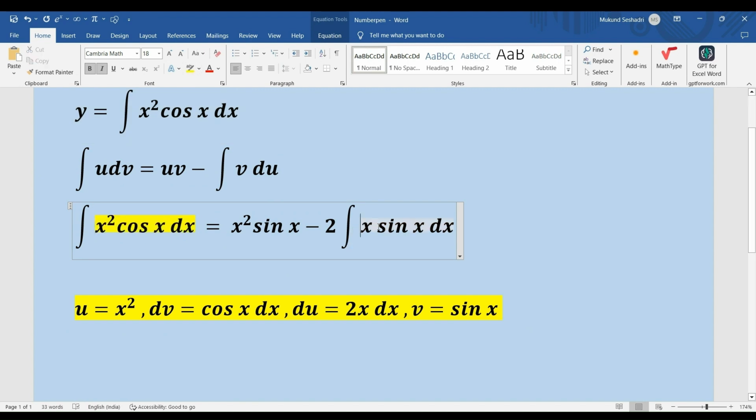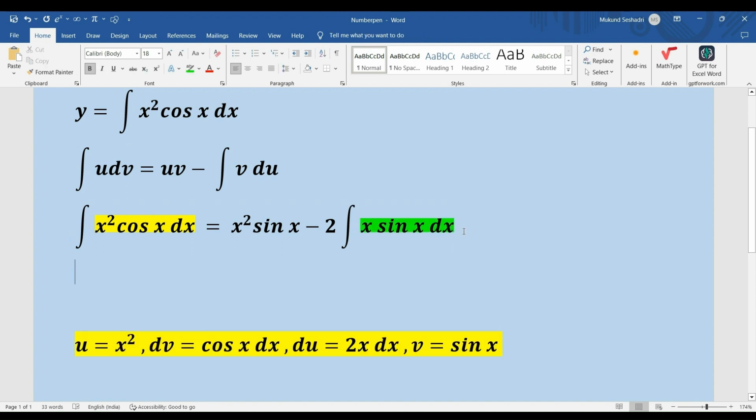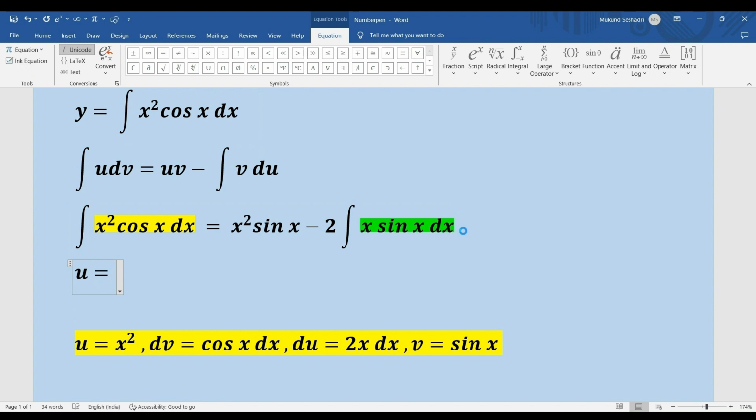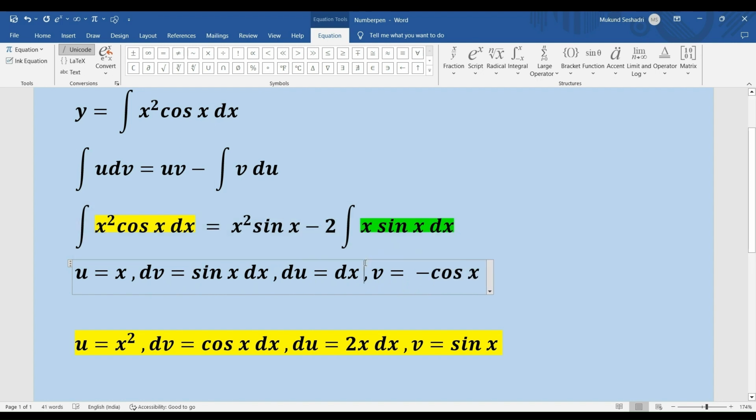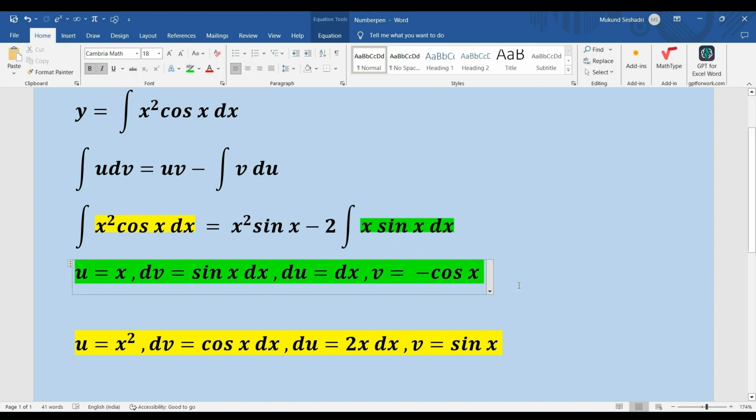And now I'm going to highlight my x sine x dx as green, right? So now for the integral of x sine x dx, again we have a substitution where my u equals x, my dv equals sine x dx, means my du equals dx, and my v equals minus cos x, right?